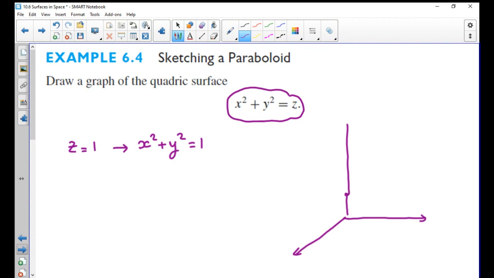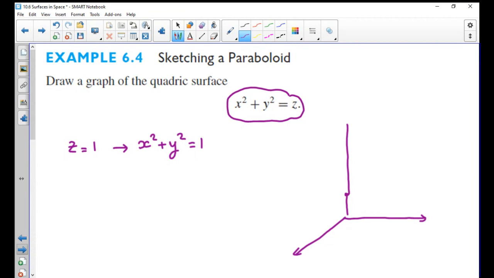Okay, but because z is 1, it's not the whole cylinder. Take the whole cylinder, but I want to slice it with z equal to 1. What will you get? A circle. It's going to be a circle.